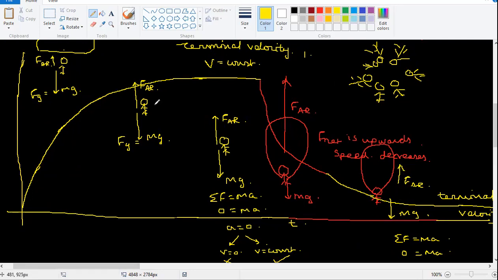Here the arrows should be equal. Here this is slightly smaller. Here this is very small. Here it is very big. So everything has a meaning. This flat line has a meaning, terminal velocity 1. This flat line has a meaning, terminal velocity 2. If you don't take down the drawing properly, then you're not understanding the physics properly.